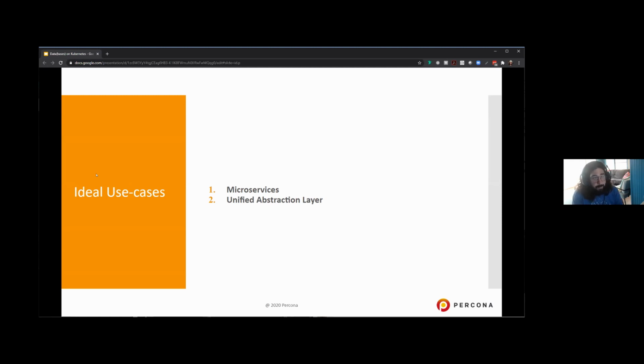So the second thing is this unified abstraction layer. And so what do I mean by that? What I really mean is having the ability to use any infrastructure in a truly, I-don't-care-what-it-is way, which is what Kubernetes and databases work really well together to do.